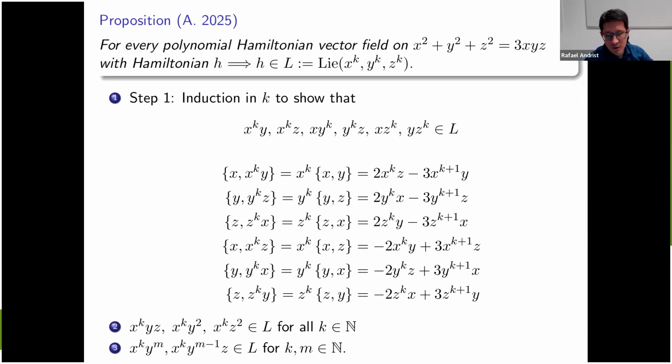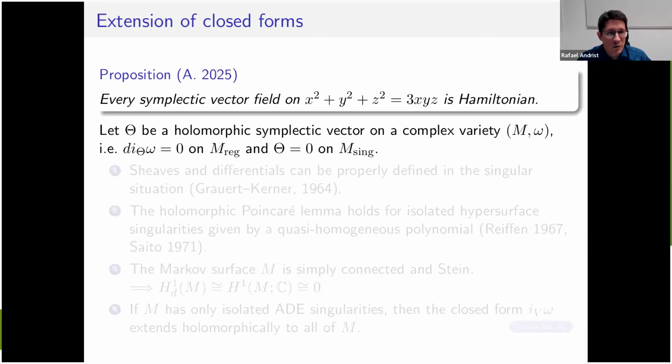Okay, but we want to talk about symplectic vector fields, not about Hamiltonian vector fields. So we need to understand that every symplectic vector field is actually Hamiltonian. And first, I thought that this is trivial because the surface is simply connected.